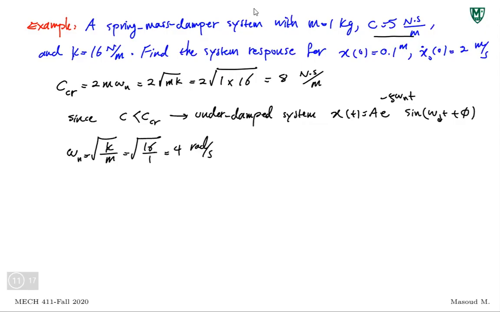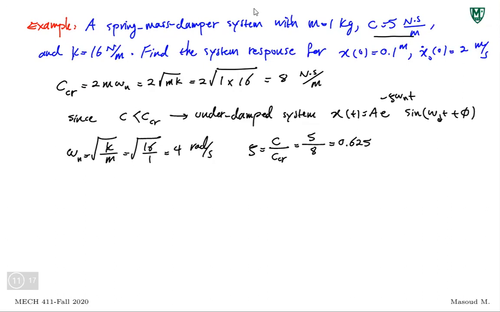Now, I know C critical, so zeta, or the damping ratio, would be C over C critical. C is 5, C critical is 8, so 5 over 8, which is 0.625. It has no unit because it's a ratio between two dampings.